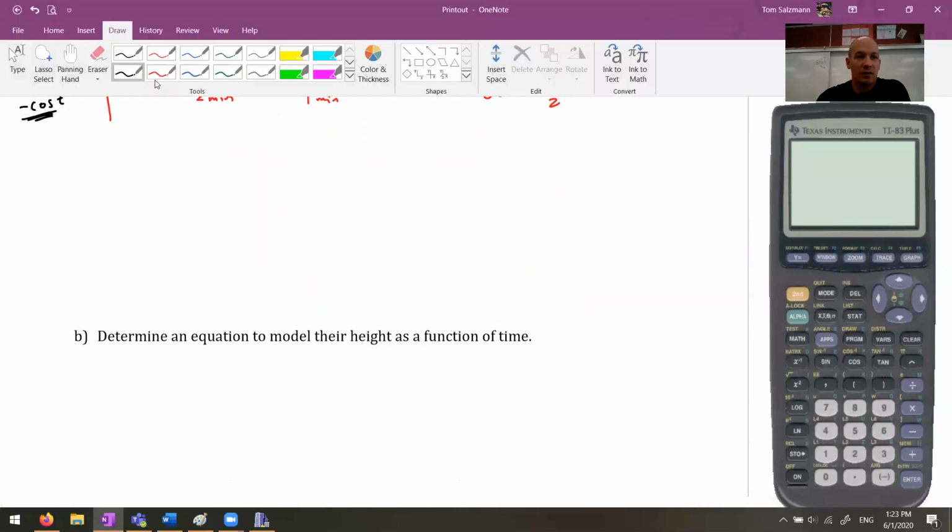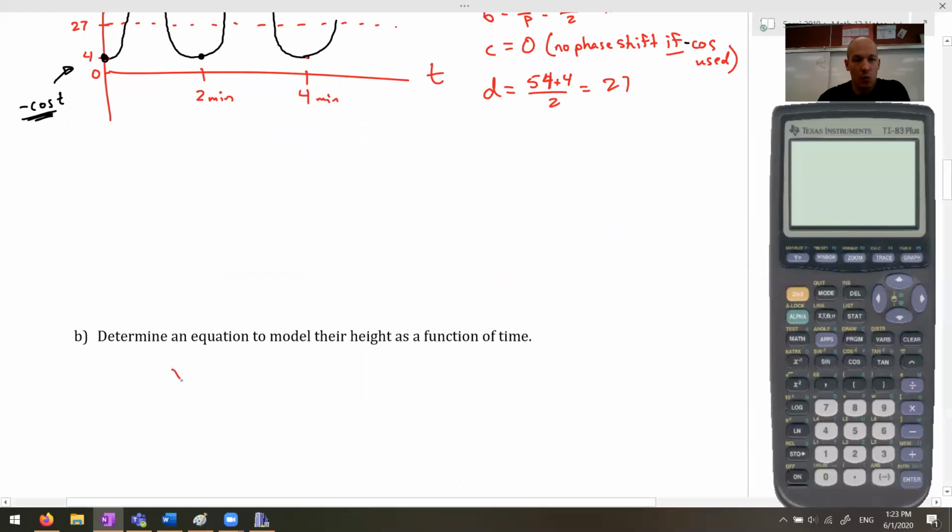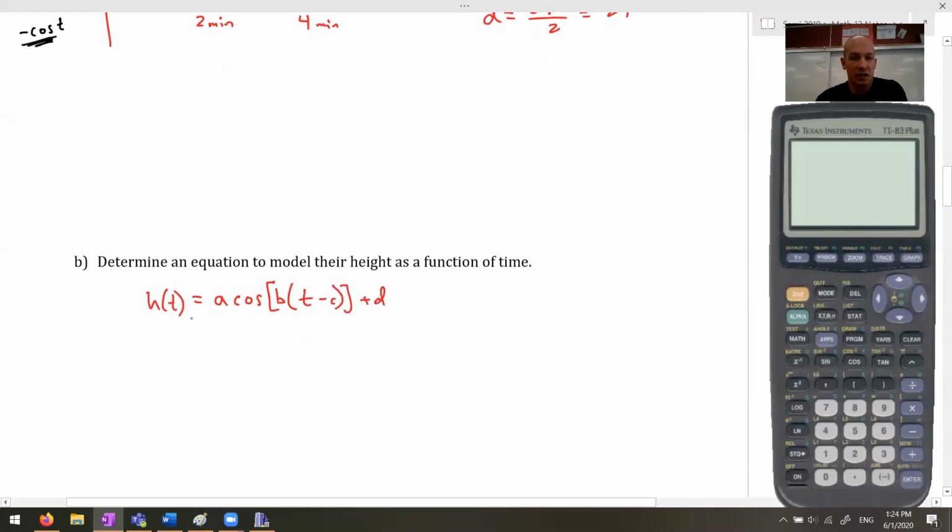Now we've done most of the heavy lifting, so we'll just go ahead and say y equals, and I'm going to use cosine as my main form. In fact, let's not even use y, let's use h. H is a function of t. And then I'm going to use the variable t, minus c, plus d. So it's not always sine, but in this case it's cosine.